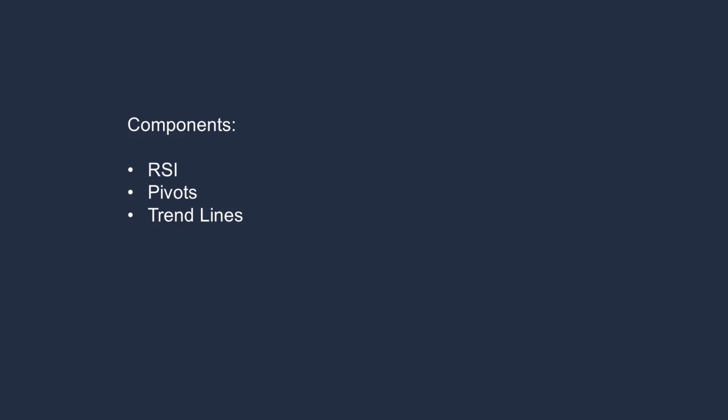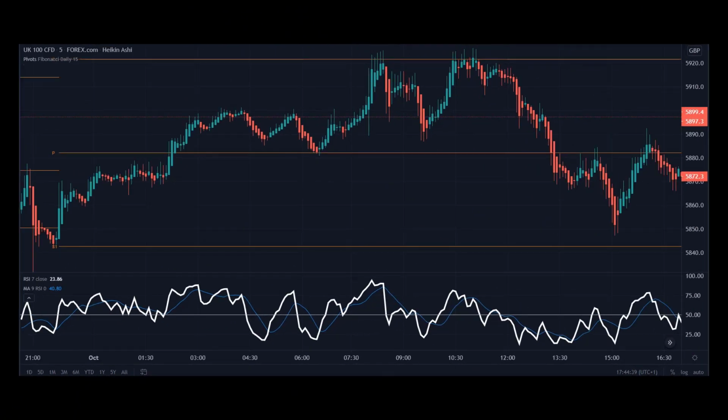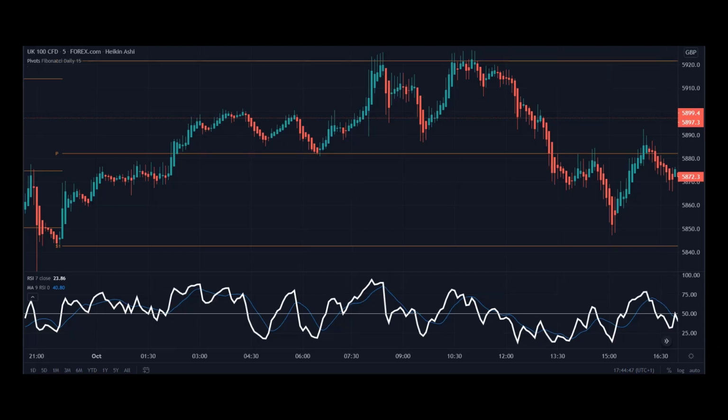They're the component parts to add on top of our Heikin Ashi and doji spinning top type approach. And this one I'm going to say is maybe a faster paced intraday, almost scalping type of strategy. And we're going to do it on the UK FTSE 100 again, 5-minute Heikin Ashi chart.